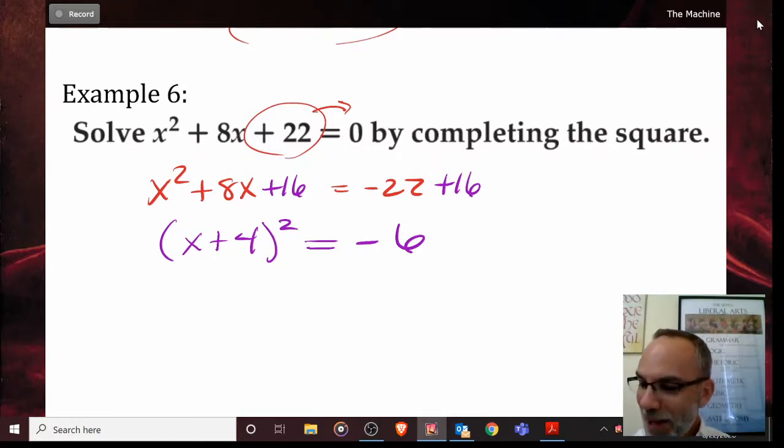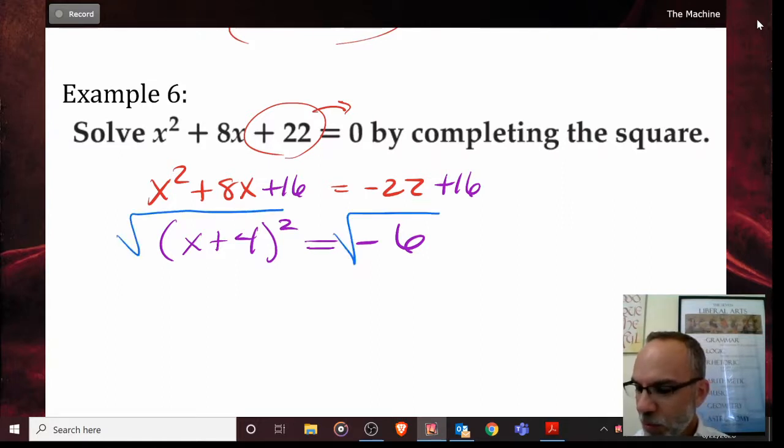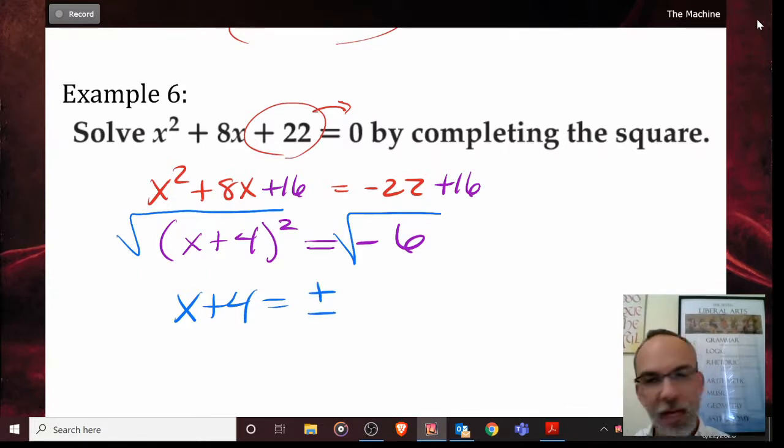Okay, now I'm going to square root the left and square root the right. Oh no, do you see what's going to happen there? We are going to have to use our imagination. X plus 4 is equal to positive and negative. Never forget that. What's the square root of a negative number? I times the square root of 6.